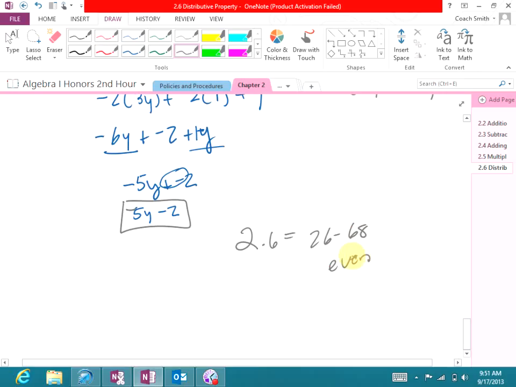Then 70 through 80. And I'll leave it there. I was going to go 86 through 89, but I'm not going to do that. All right, so 2.6, 26 through 68 even, 70 through 80 all.